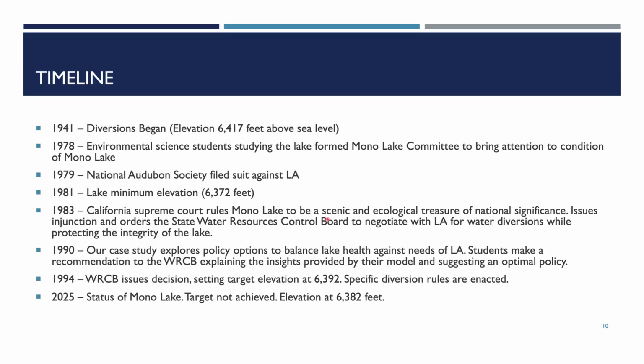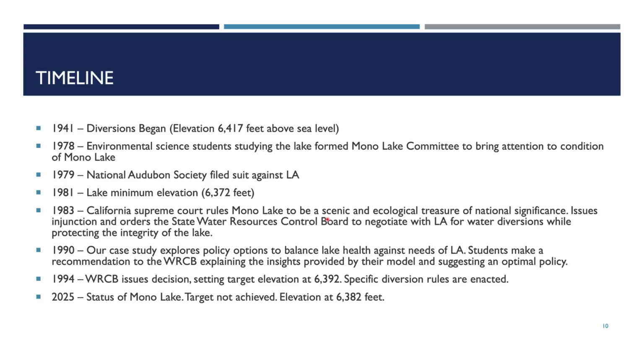So for this exercise, we step into this scenario in 1990. The Water Resources Control Board has set some guidelines. We're in the process of negotiating between Los Angeles and concerned parties about the environmental issues. And our role in the exercise is to model the hydrology of the lake and to predict how various policy proposals will impact the long-term health of the lake and its ecosystem.